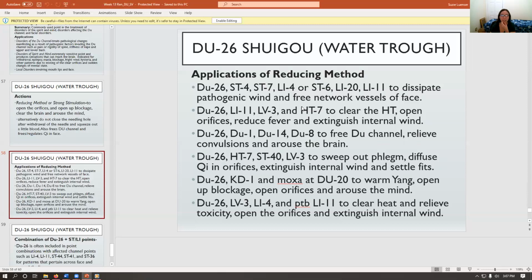Do 26 with kidney 1, with moxa at do 20, a nice strong point combination to open up blockages, open the orifices, and arouse the mind. And then last one down here is with 4 gates and prick to bleed, large intestine 11, to clear heat, relieve toxicity, open orifices, and extinguish internal wind. So a couple of pretty strong point combinations in here.